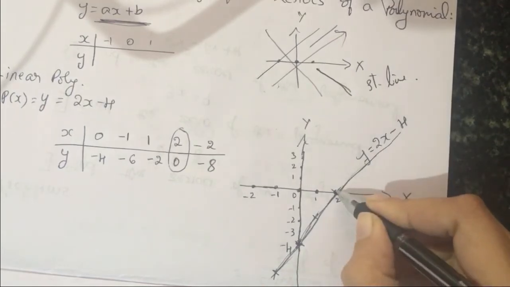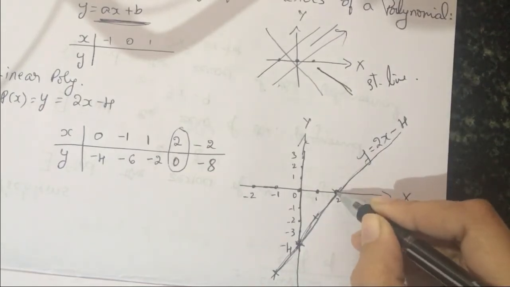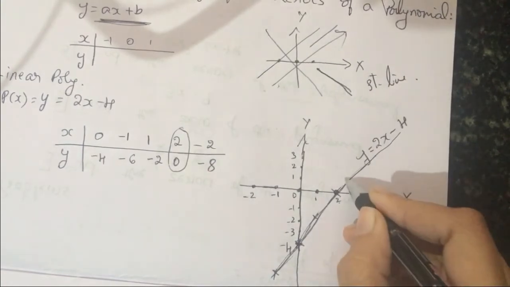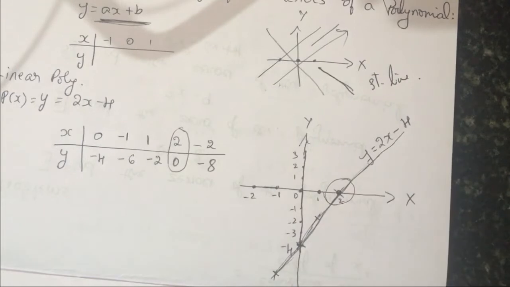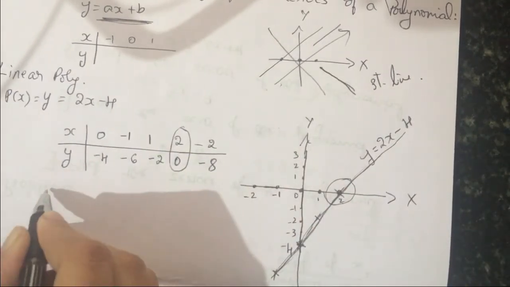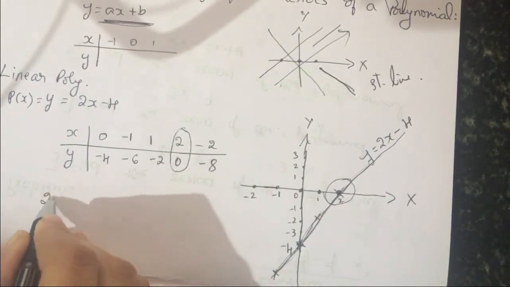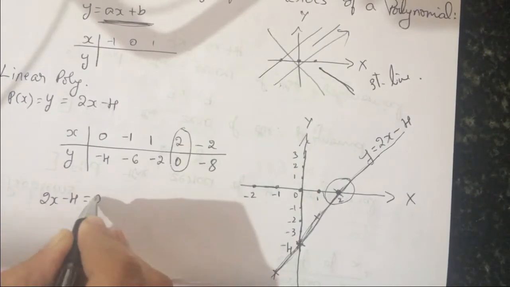Here the value of y is 0 and the x value is 2. So this is nothing but the 0 of the polynomial. You can check it out. How do you get the zeros of the polynomial? You equate the polynomial to 0.